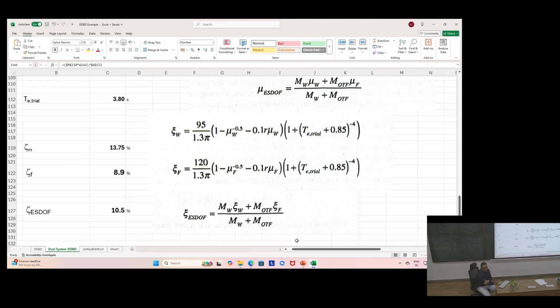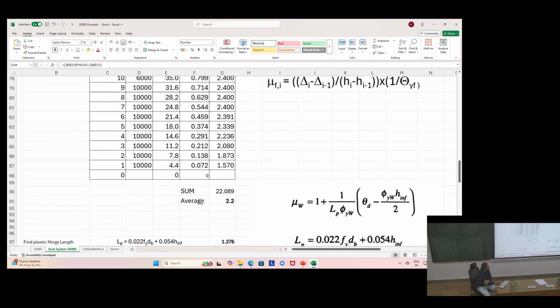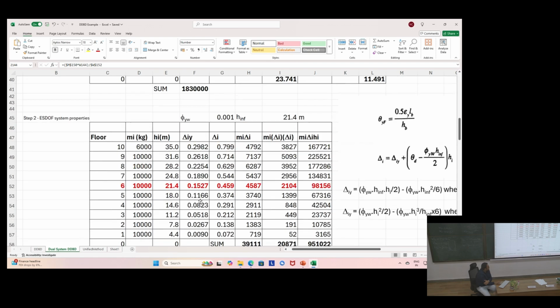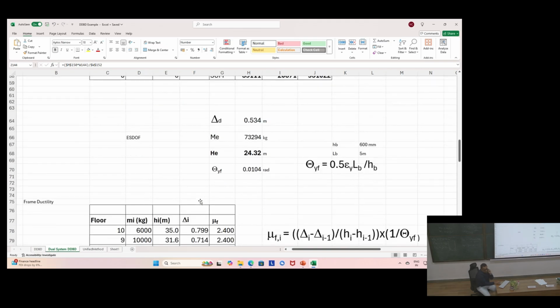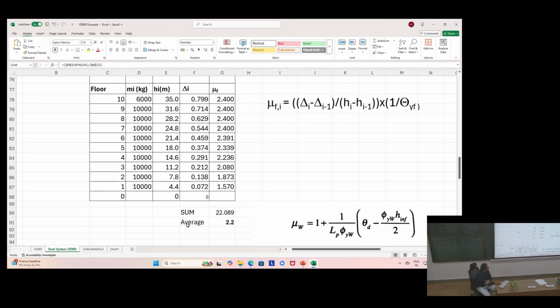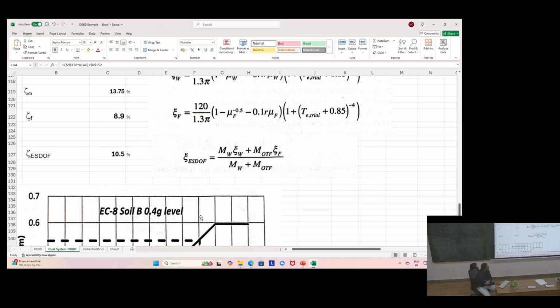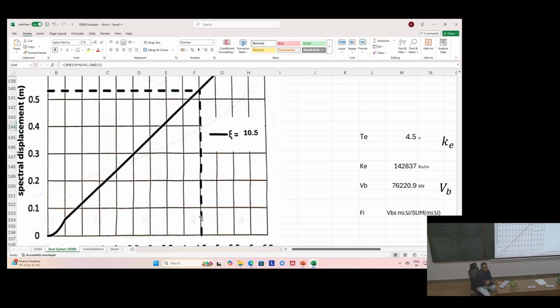So a lot of going back and forth and referencing different formulas and previously calculated values. You just have to keep track of what the steps are and how your ultimate goal is finding S-DOF properties. How you find it will dictate your steps. Any questions?